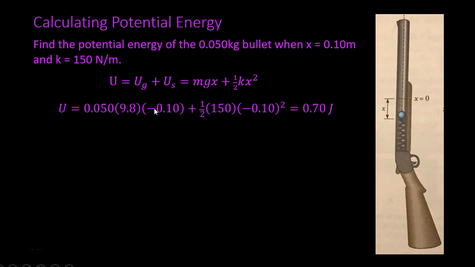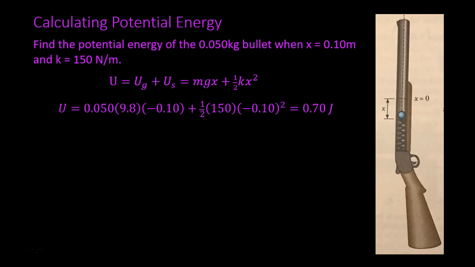Whereas with gravitational potential, energy is lost. Energy flows out of that potential mechanism if the ball moves closer to the center of the gravitational field. We go ahead and plug in our numbers and we find that this ball has 0.7 joules of potential energy.